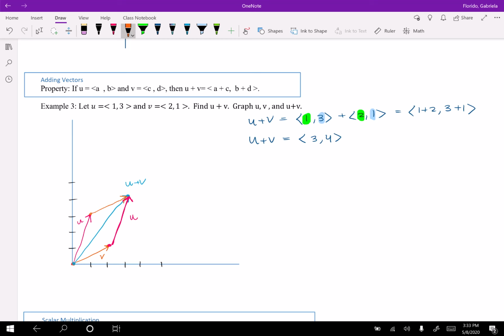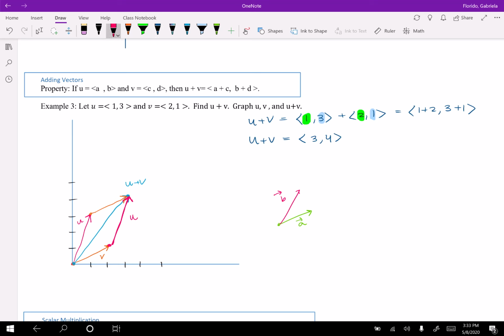So let me just draw another one here. If I have vector a and this vector b here, then I could easily find graphically vector a plus b.